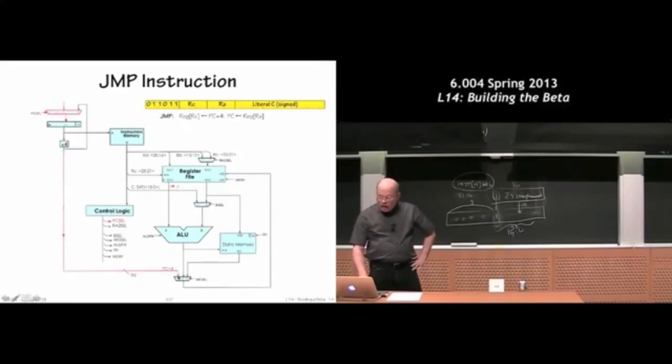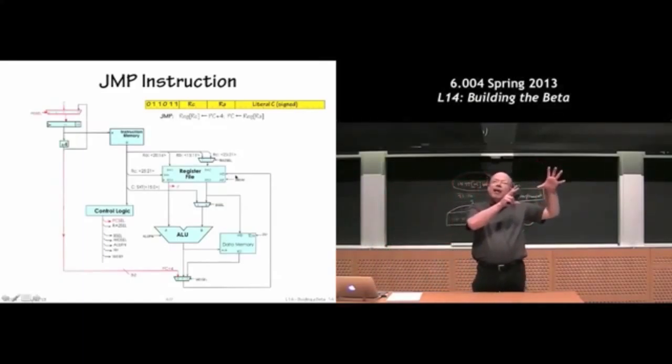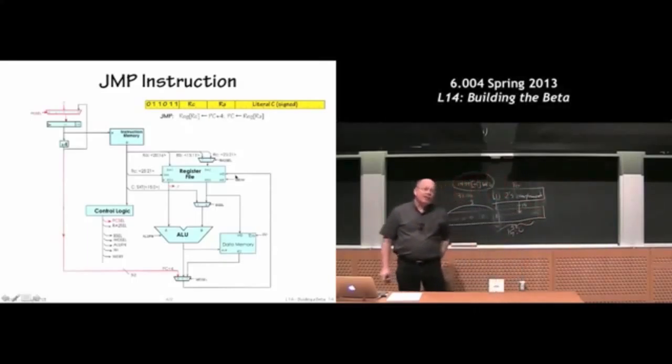That value is the value that actually gets routed through the WD sel mux and is written into the RC register. So in jumps and branches, we're going to change the value of the program counter, and at the same time, we're going to remember where the program counter was before we changed it, where the next instruction would have come from had we not changed the program counter.